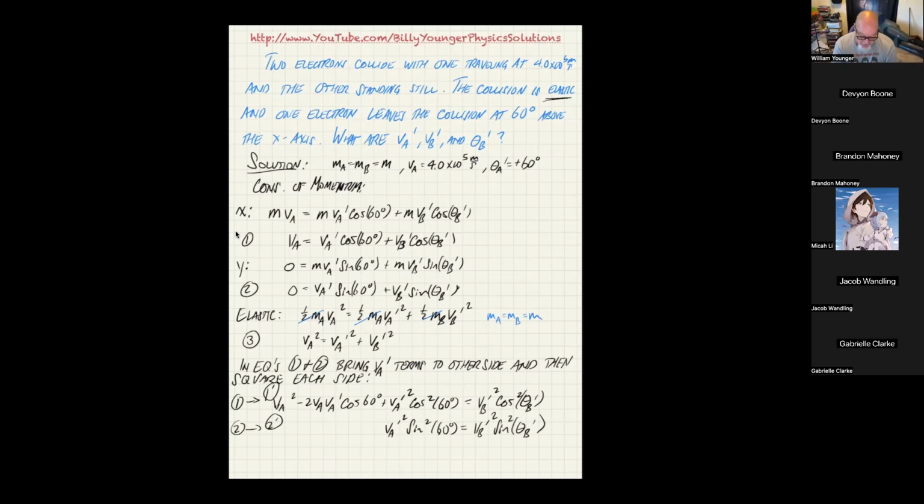Now I'm going to add those two equations, and I'm going to make use of sine squared plus cosine squared equals 1. And when I do that, I'll get a nice reduction. So here's what it is.